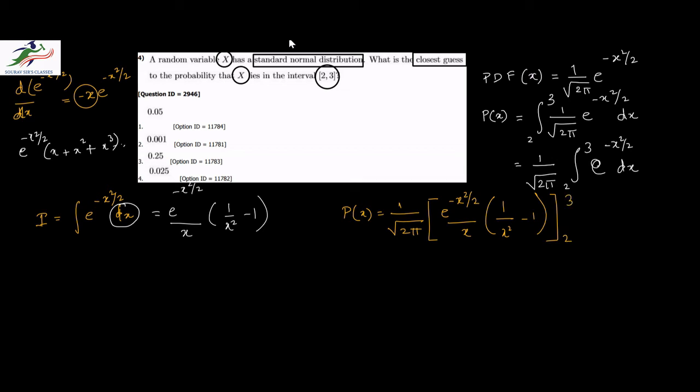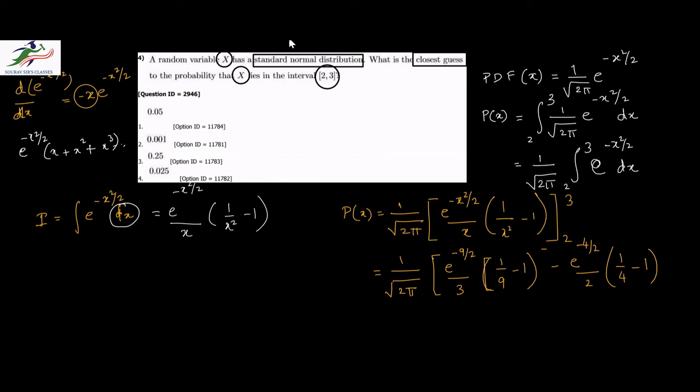So we put the values now. This would be 1 by root over 2 pi into e to the power minus 9 by 2 over 3 into 1 by 9 minus 1, minus e to the power minus 4 by 2 into 1 by 4 minus 1.